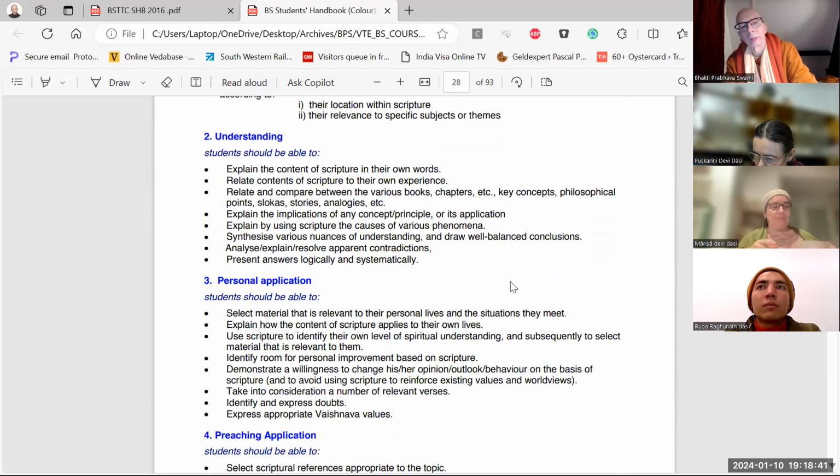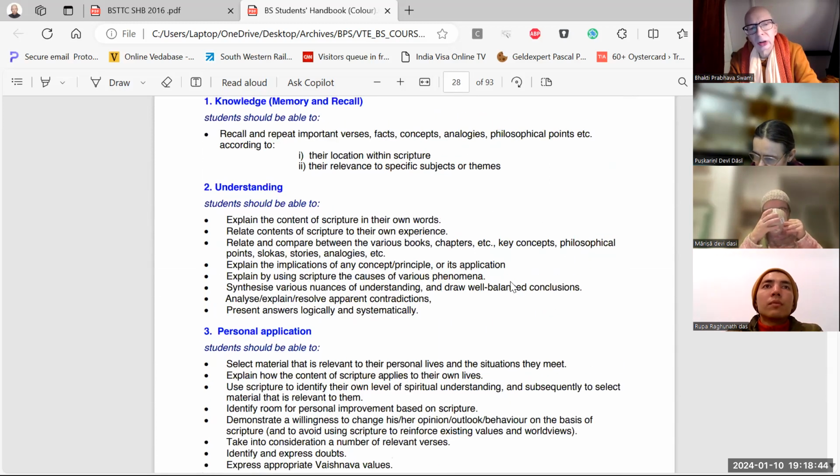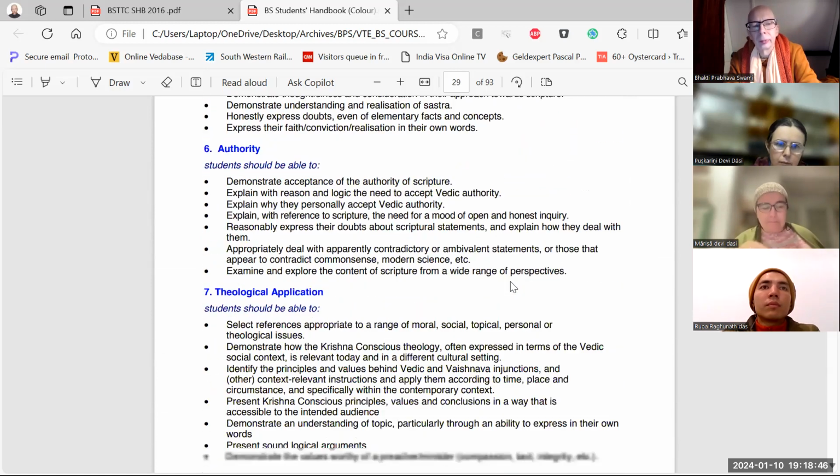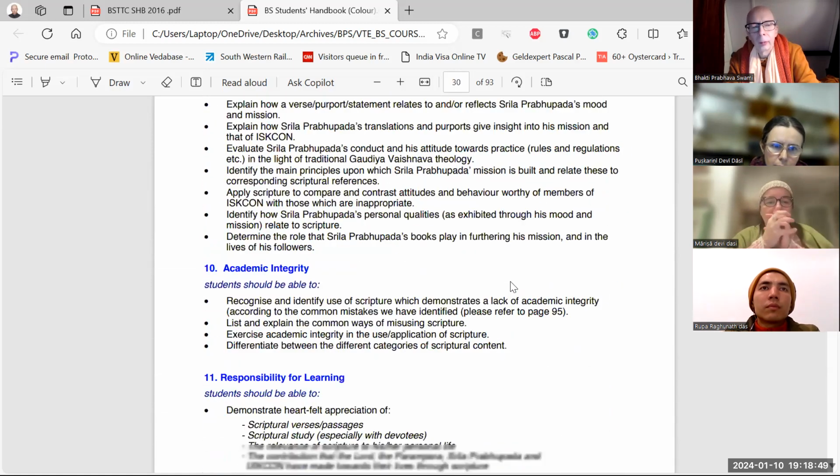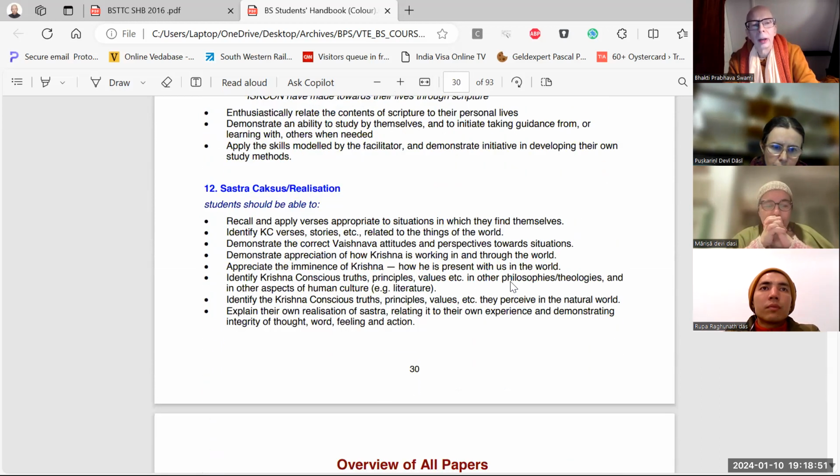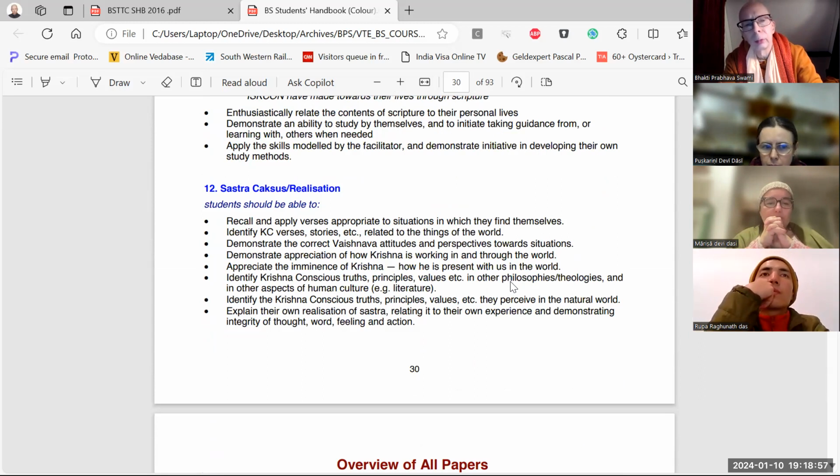One aim is Shastra Saksha. The students should be able to recall and apply verses appropriate to situations in which they find themselves, identify Krishna conscious verses, stories, and so on, and demonstrate a correct Vaishnava attitude and perspective towards situations. So this should be there. A few of these points should be there.